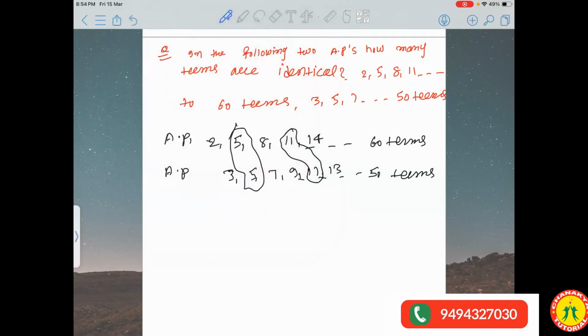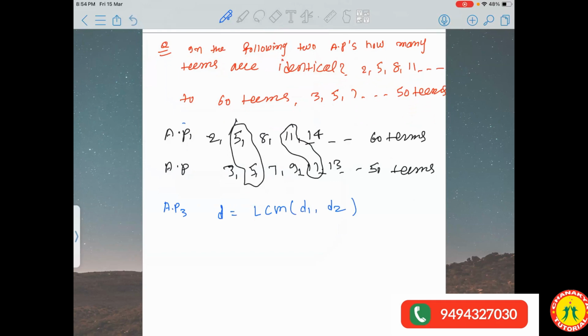Anytime you are given two APs, if you want to find the third AP, then D is the LCM of D1 and D2. The LCM of the common differences of the first AP and second AP will be the common difference of the third AP, right?